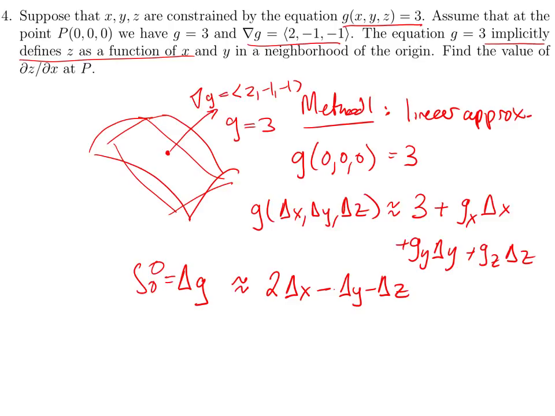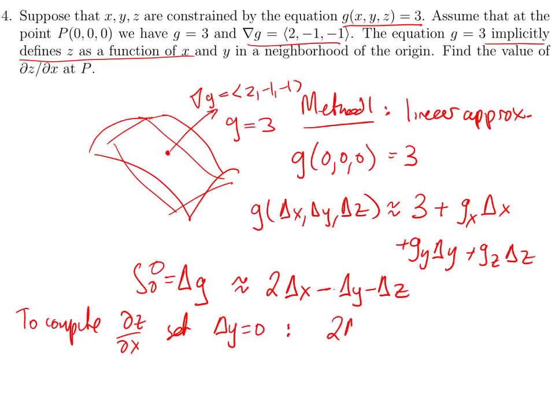And now I can think about the partial derivative. The partial derivative is asking what's the rate of change of z with respect to x if y is kept fixed. So to compute partial z partial x, I'm going to set delta y equal to 0.